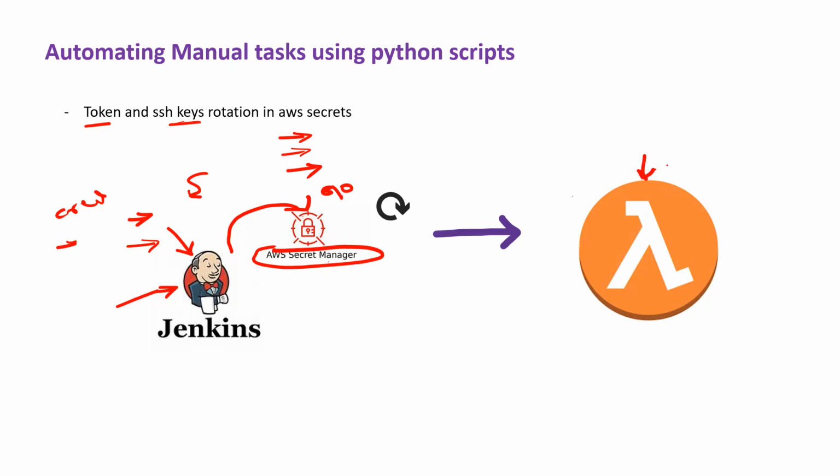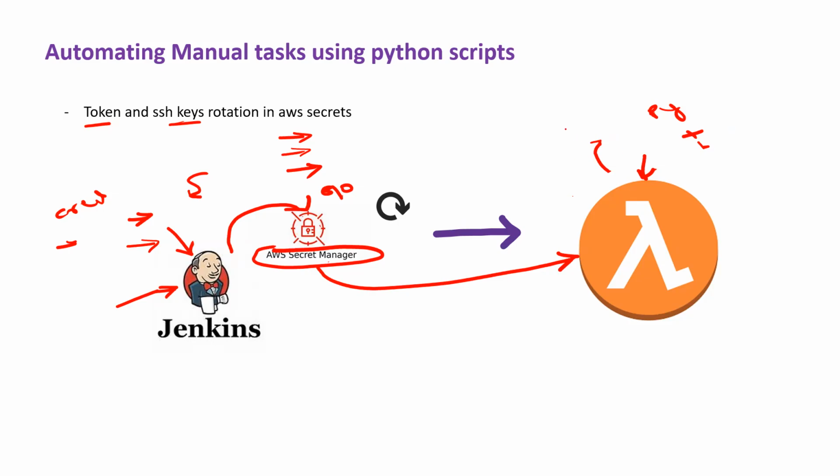In this Lambda function, we had written a Python script with a combination of the Boto3 library, where what it does is it will read the existing value of the secret, and depending on the tool or token which is there in that particular secret, we wrote the Python script in such a way that it will be able to identify the tool and type of secret, and then it will create a new secret and update it back to this particular secret.